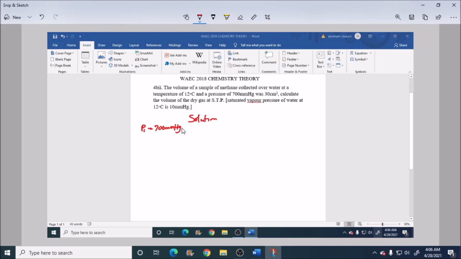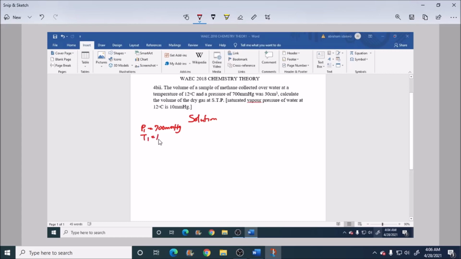Then actually here we have to calculate the volume. That volume is volume 2, that is V2. Then it means 700 mm mercury is our P1. Then from this first statement again, we have the volume of a sample of methane collected over water vapor at 12 degrees C. So that 12 degrees C, that is T, is going to be T1.